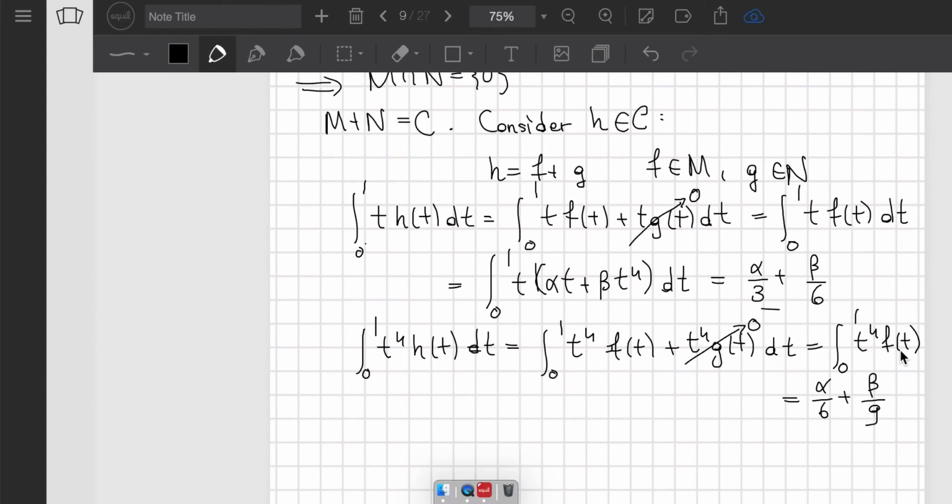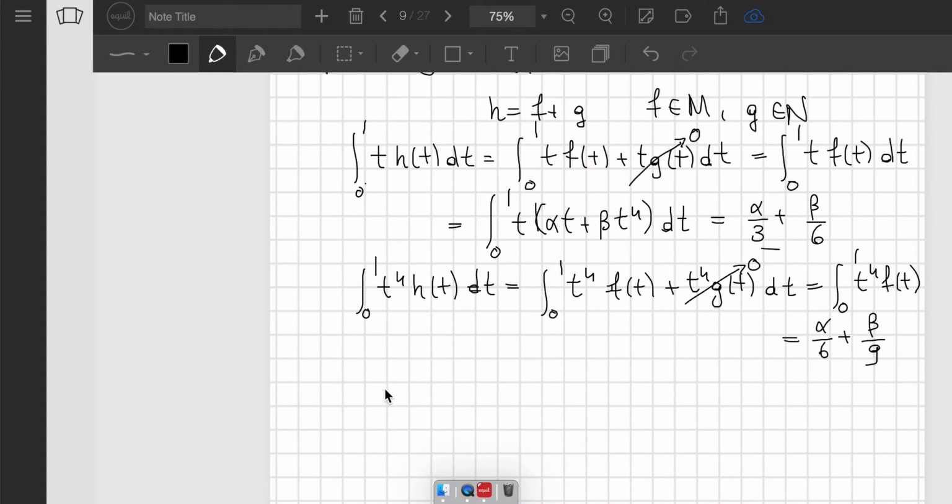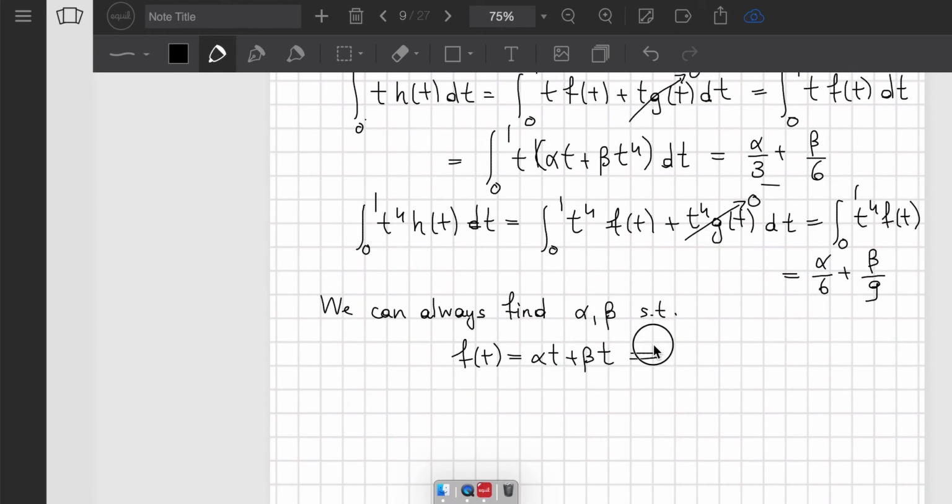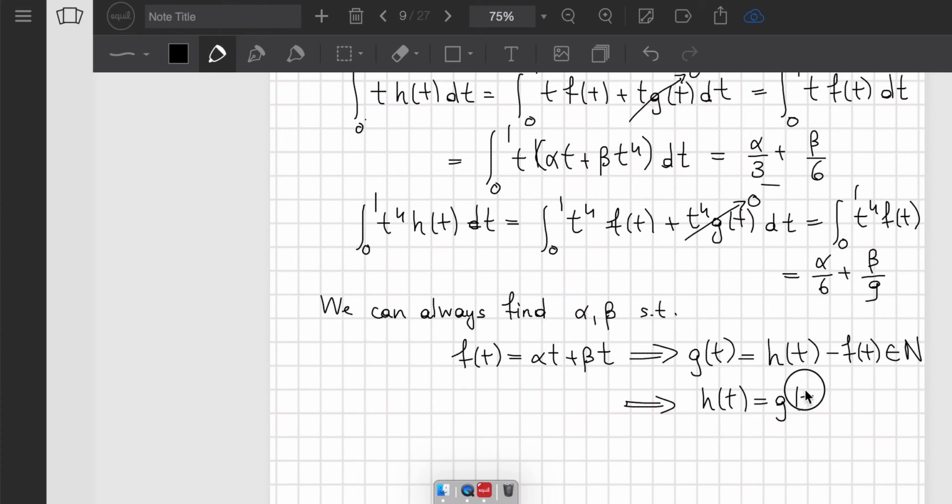So we can always find alpha and beta such that if you write f(t) equals alpha t plus beta t to the fourth, then g(t) equal to h(t) minus f(t) will belong to N. And that finishes our proof, right? Because we've essentially shown with this that h(t) is equal to g(t) plus f(t), which is what we wanted to show.